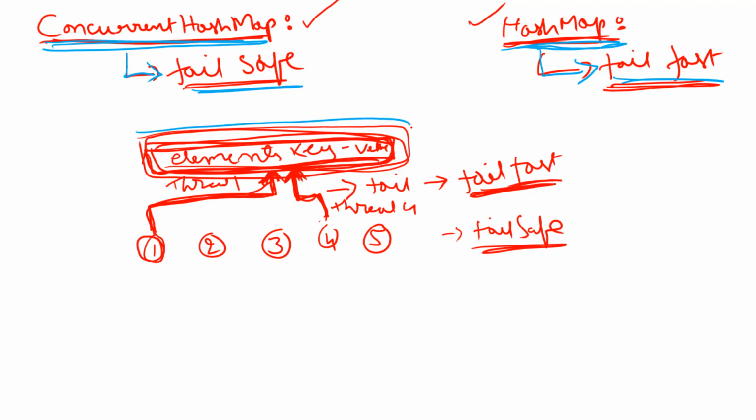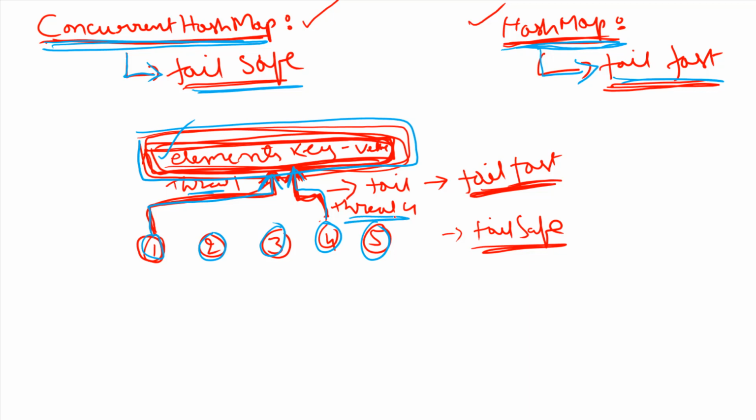What is the difference between fail safe and fail fast? Let's say I have created a map, and I am running my scripts parallelly on Selenium grid. So I have 5 scripts running in parallel, 1, 2, 3, 4, 5. At some point, this first test has to access this map that I have created. That means thread 1 has to access the map and do some operations on it, and the elements will be changed here. At the same time, thread 4 also has to access this map and change the values in it.